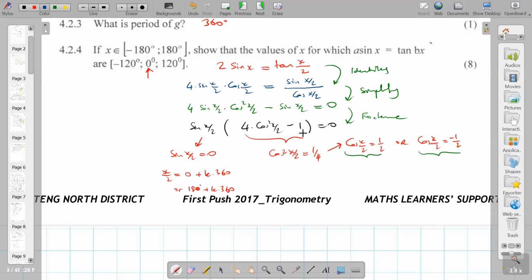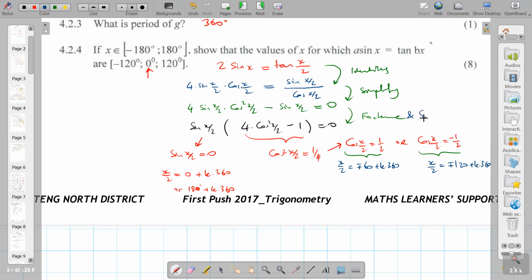So x over 2 is plus minus 60 plus k times 360, or x over 2, the calculator gives 120, so plus minus 120 plus k times 360. Now all these angles I have to times by 2, because what I got is only for x over 2.